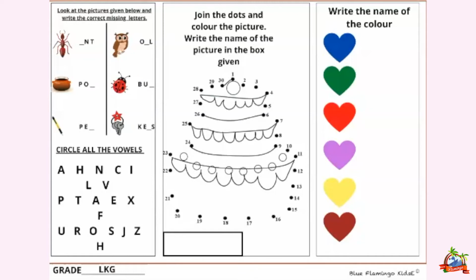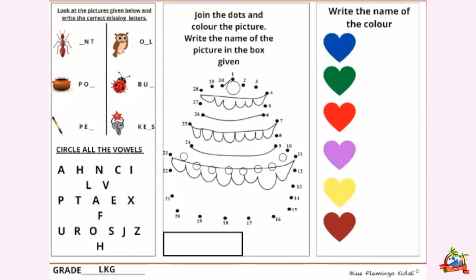H for hen. I for ice cream. J for joker. K for kite. L for lion. M for monkey.